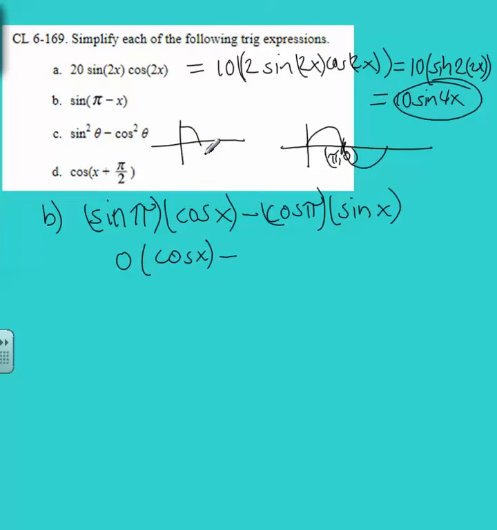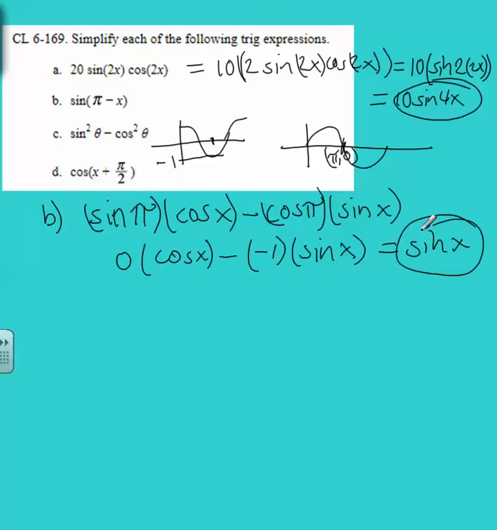Quick sketch of cosine. Looks like this. Here's pi. This goes down to -1. So cosine of pi is -1. So I've got -1 times sine of x. Let's simplify. 0 times the cosine is 0, negative times sine. Result, sine of x. And that's it for that one.